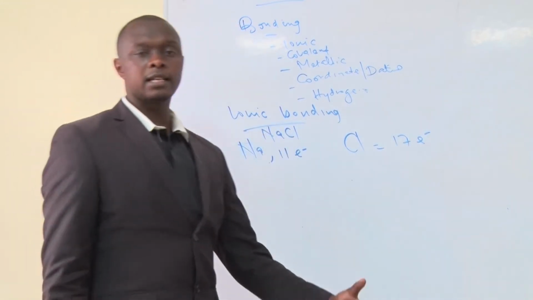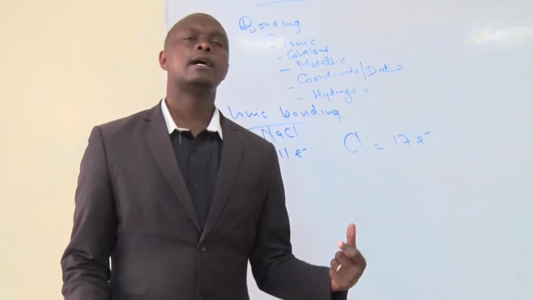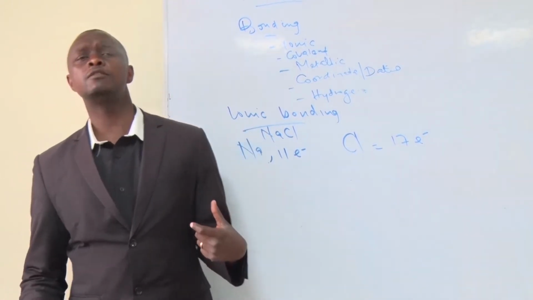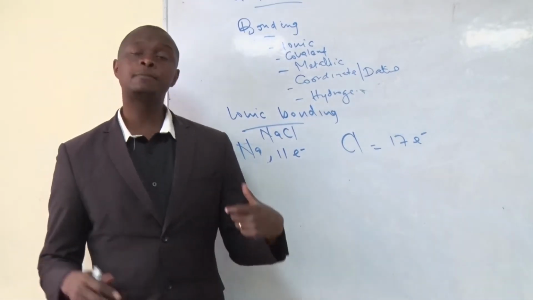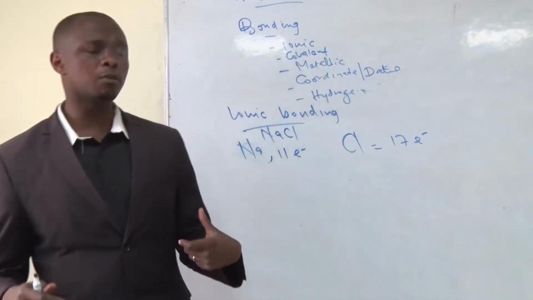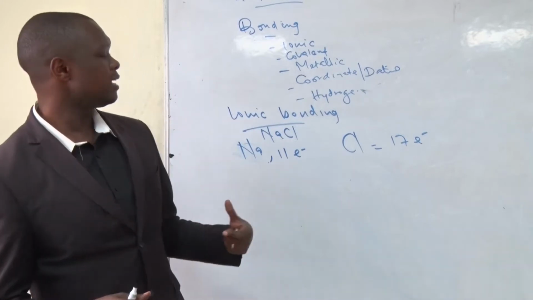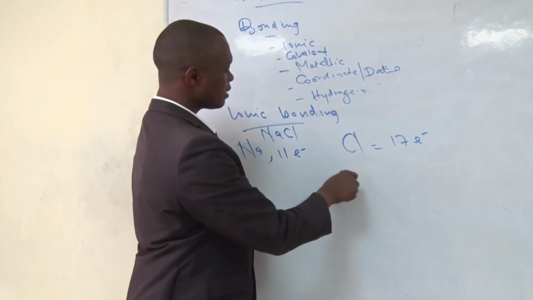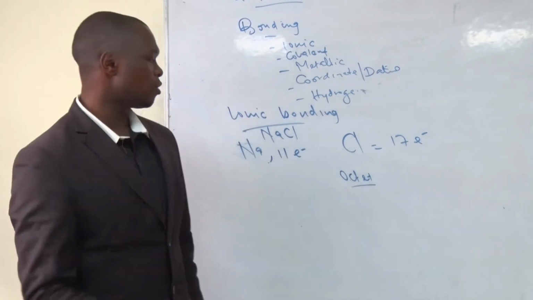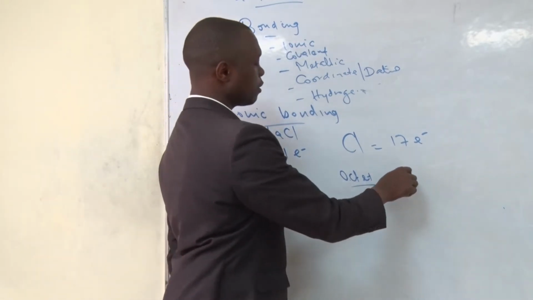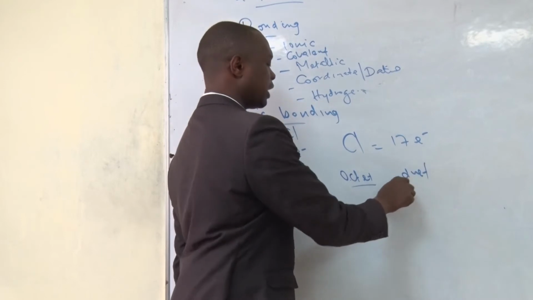And we know that normally atoms achieve stability by expressing the stability of the noble gases, that is either through the octet, that is if there are 8 electrons, or what we call the duet, 2 electrons.